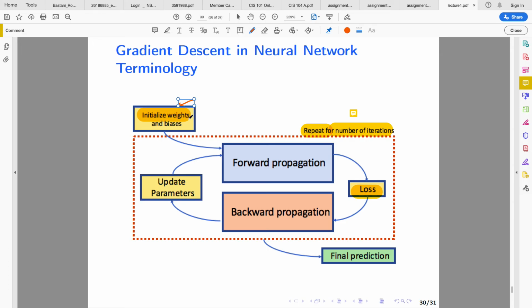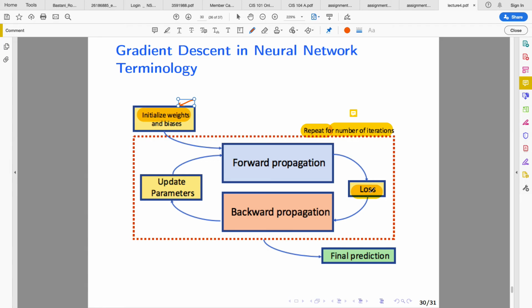Most times non-zeros; we don't use all zeros. We give it some initial values for the weights and the biases. Then we push that into our forward propagation and pass it through the sigmoid function. Then we calculate our loss against our target values.